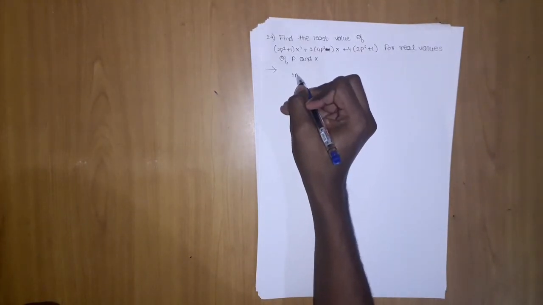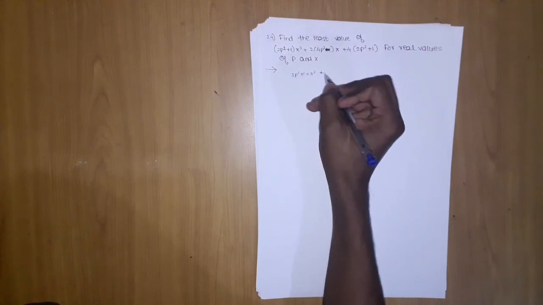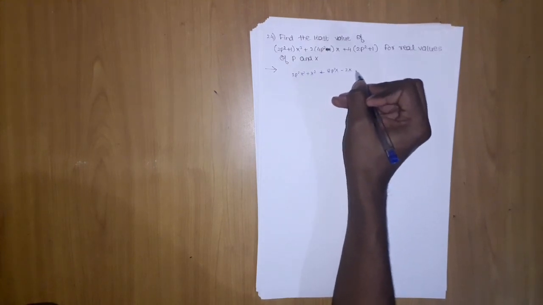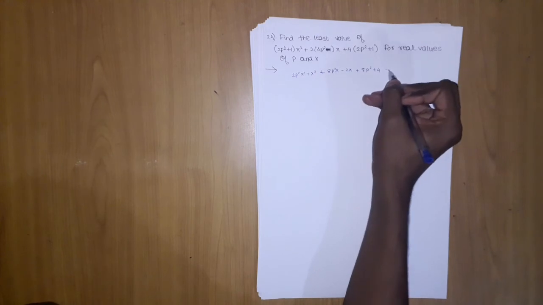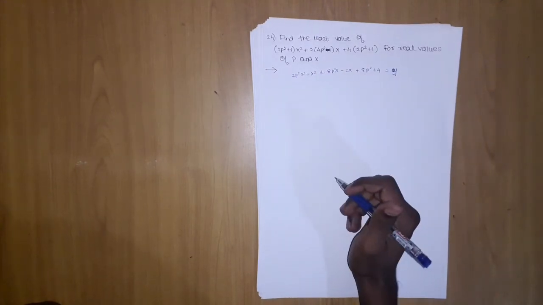Let's open this. 2p square x square plus x square plus 8p square x minus 2x plus 8p square plus 4 equal to y. Now we want y least value.